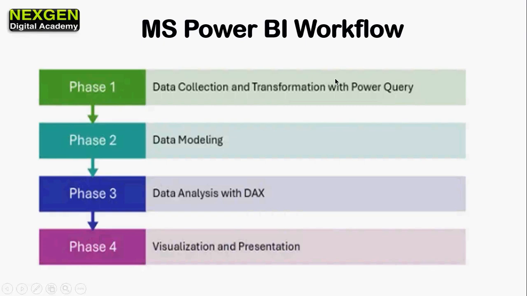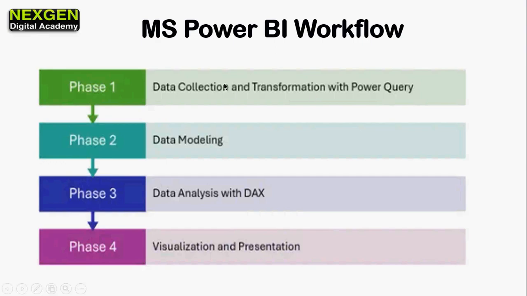So we connect various data sources. We perform extraction, transformation, and loading processes. We retrieve the raw data from the source and we bring it down. In the transformation process, we are cleaning, shaping the data, removing duplicates, merging, and applying some functions to our data.